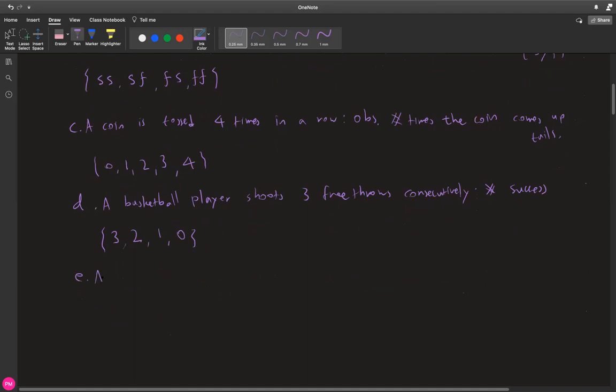Let's say a student randomly guesses 4 true or false questions, and we're more interested in the actual choice.